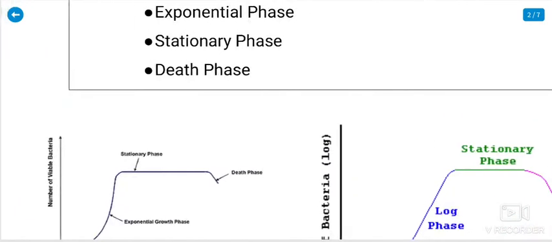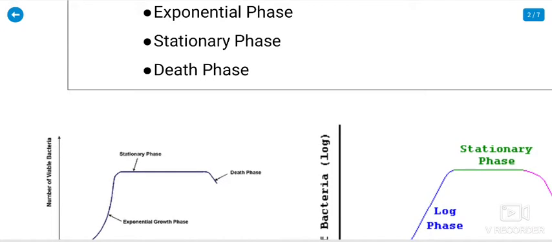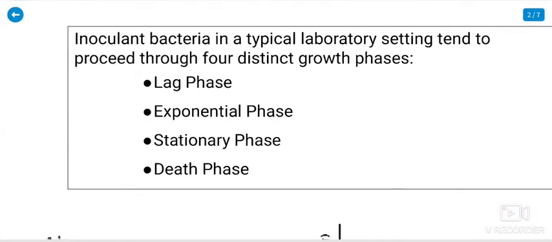That means log phase is nothing but exponential. So lag phase, exponential phase, stationary phase, and death phase. Lag phase is the adjusting stage, and exponential phase is log phase.